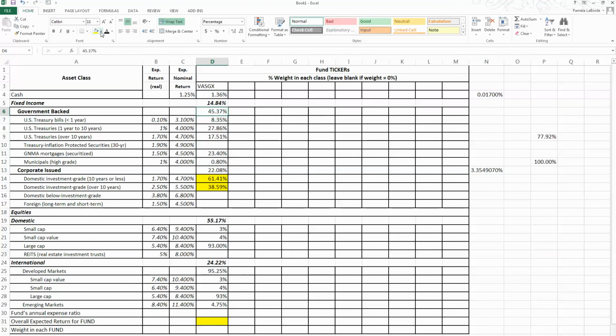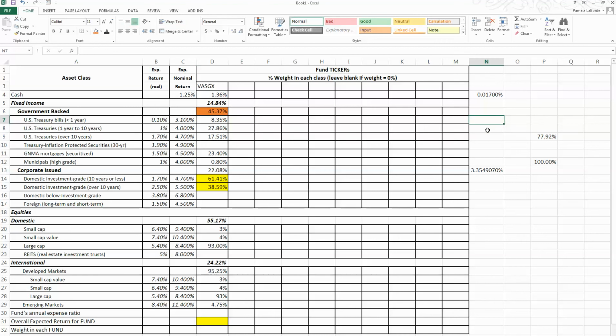I just want to point out that this 45.37% number is not one I want to use again. So I'm going to make it orange just to bring it to my attention. Because remember, I use this 45% to determine these two percentages. These two percentages actually sum to that 45%. So I am done with this 45%.